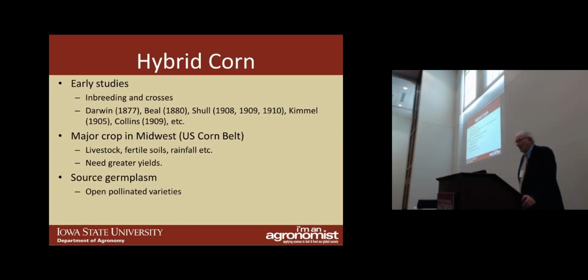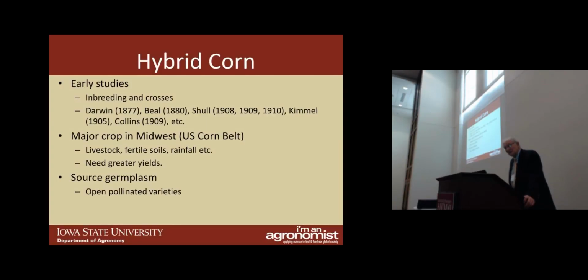So then, with the rediscovery of Mendelism in 1900, of course, corn became a pretty favorite organism to work with because the male is the tassel and the female the ear. They're easy to manipulate between crossing and selfing, and you get a lot of seed. So there was a lot of interest in corn, and they did a lot of genetic studies. Darwin had done some earlier too, but then Shull came along. Kimmel, Collins did inbreeding.